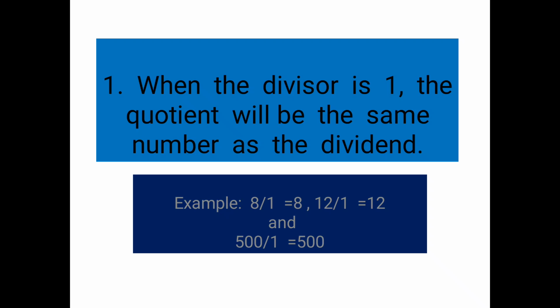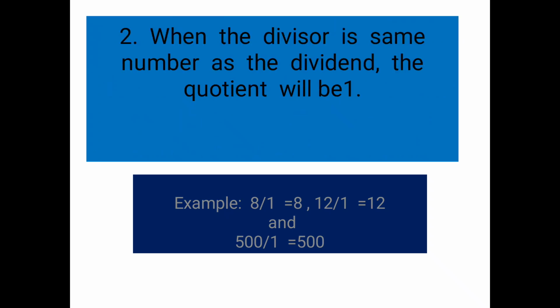Suppose you have divided 8 by 1, then the quotient will be 8. If you are dividing 12 by 1, then the quotient will be 12. If you are dividing 5 lakhs by 1, then your quotient will be 5 lakhs.